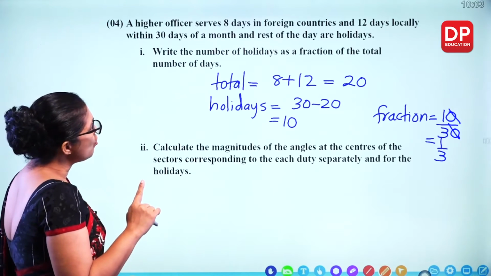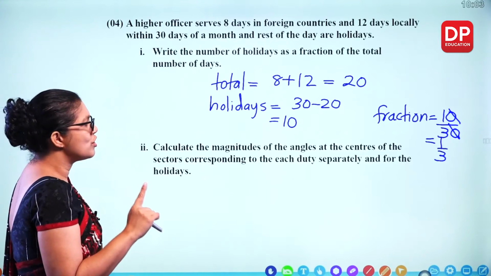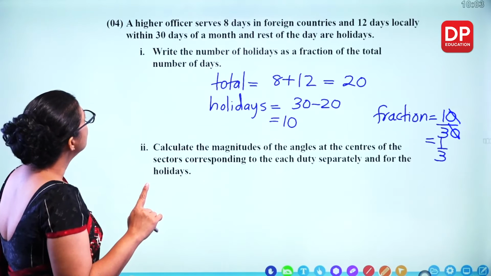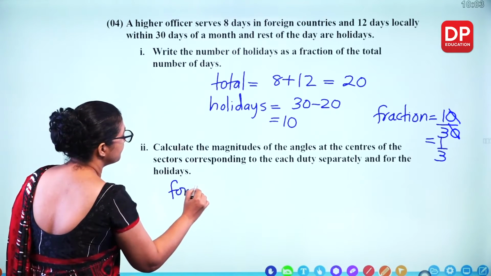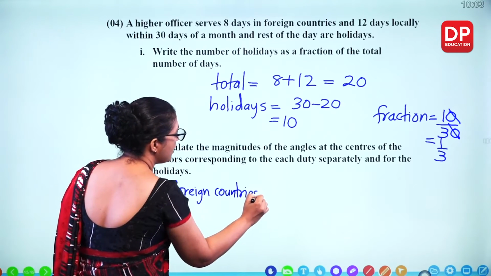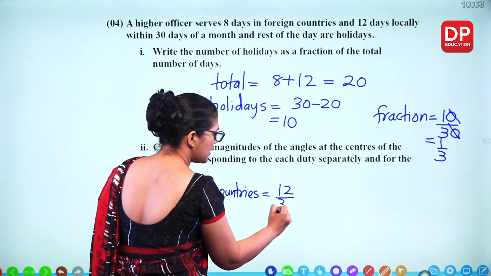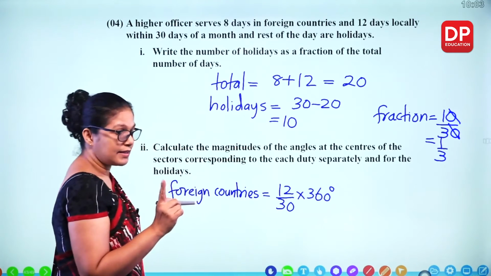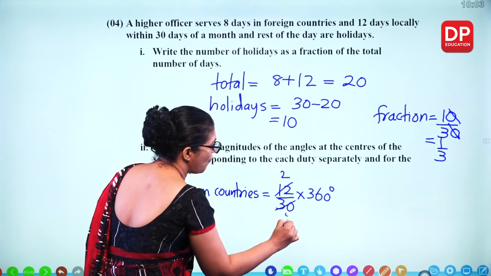Calculate the magnitude of the angles at the center of the sectors corresponding to each duty separately and for the holidays. So, foreign countries, that's 12 out of 30 into 360. That's how you find out the angle. 6 times 2, 6 times 5.